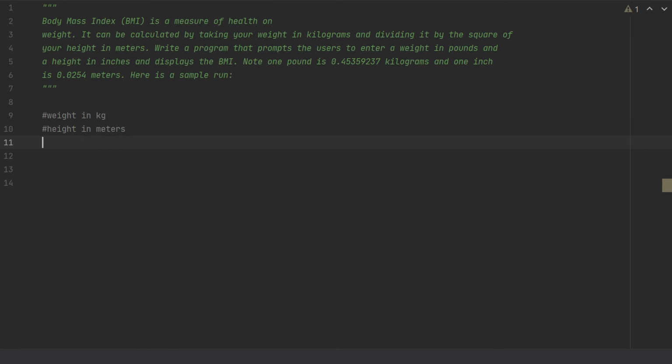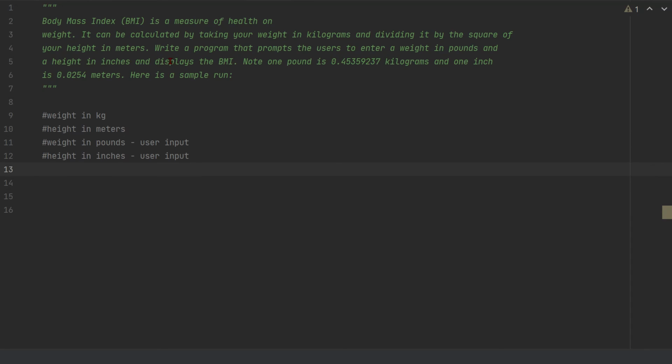So we know that we are going to need a weight in pounds, and that's going to be user input. And then as we keep reading, we have a height in inches. So we need that also prompted from the user. Height in inches, user input as well.